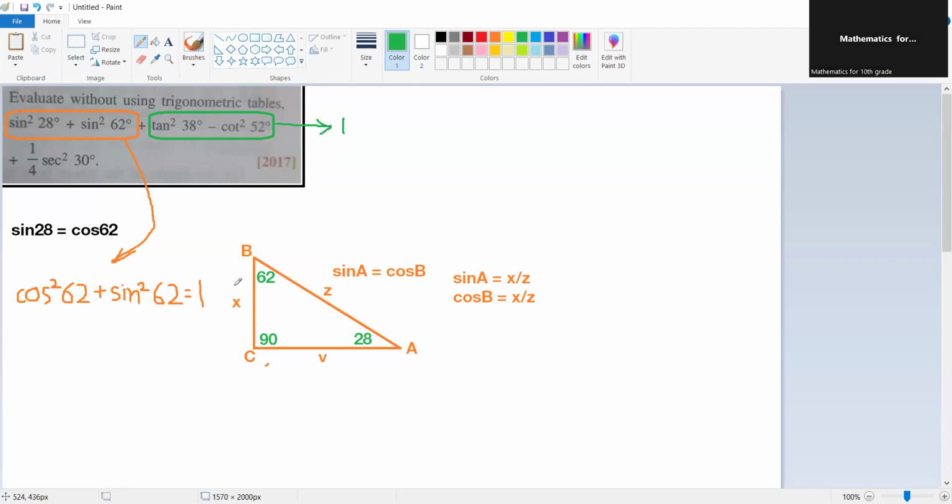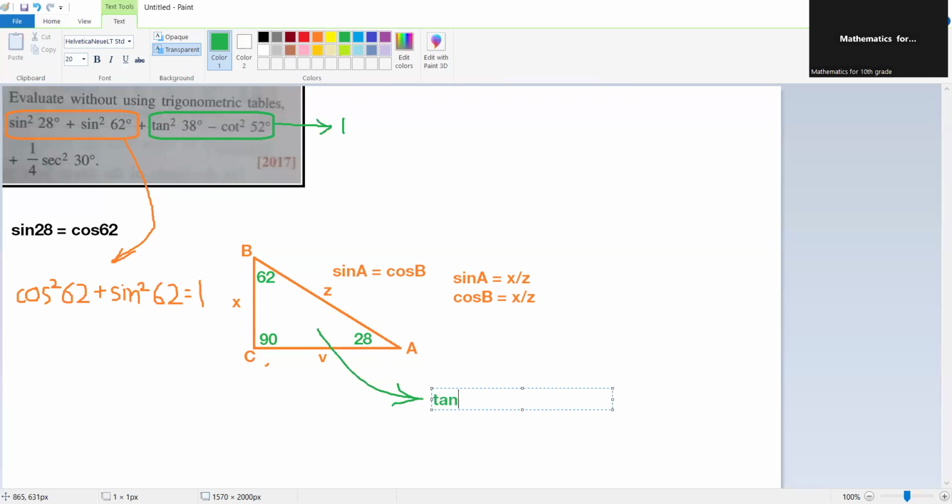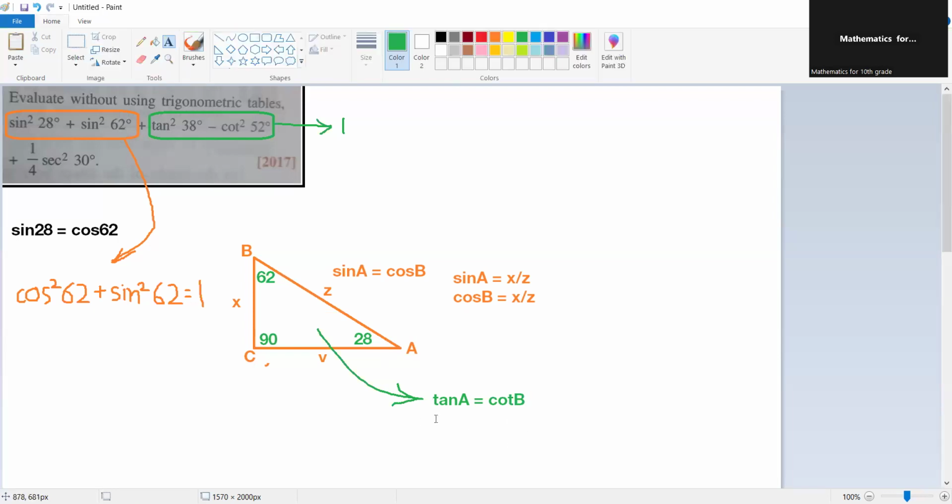Going by similar logic, tan of A would be equal to cot of B when A and B are complementary angles. How do we do that?